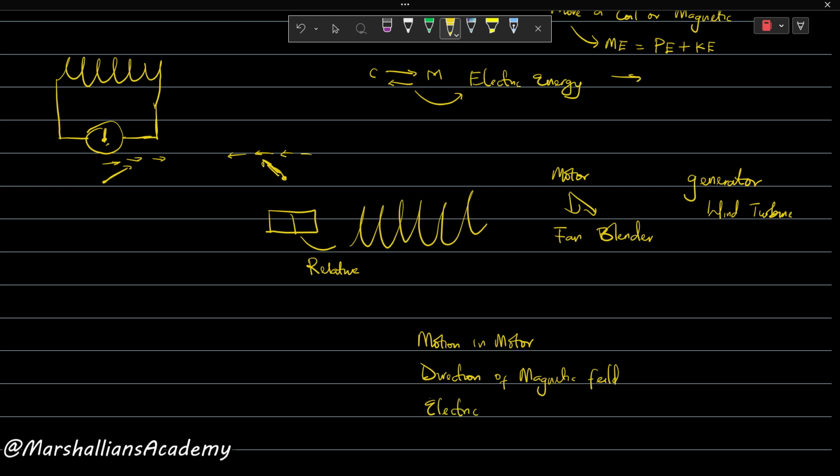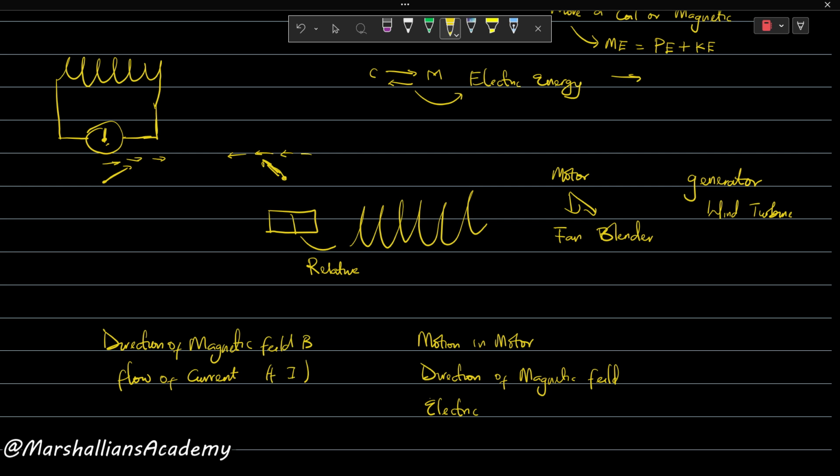For the right hand grip rule, there are only two elements. And what are the two elements? Direction of the magnetic field and flow of current. Only two elements to watch out for. So the right hand grip rule explains the relationship between only two elements: direction of the magnetic field, that's B, and current.